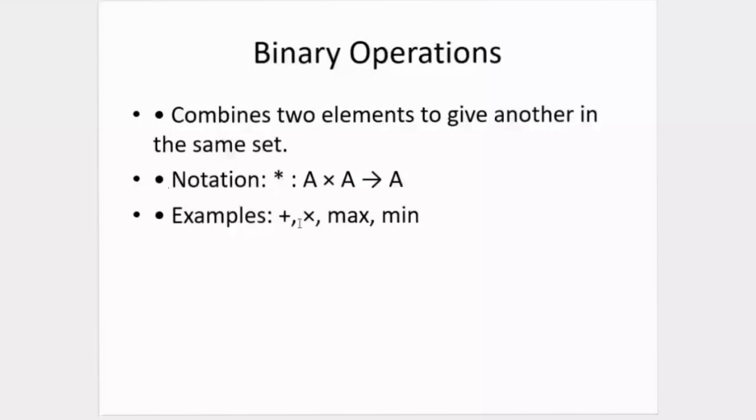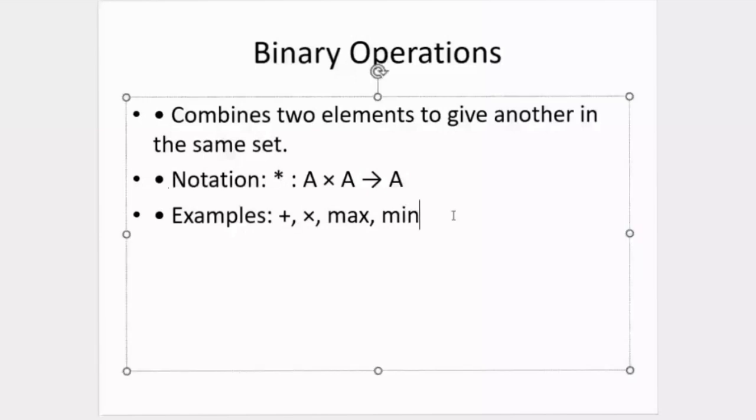For example, if I have two elements, A and B, the binary operation I want to perform on A and B is represented by A asterisk B. The actual operation is not written out, but the fact that I'm performing an operation is represented by the asterisk symbol in between A and B. So I can say that the operation I want to perform is addition of A and B, and so A asterisk B represents A plus B.